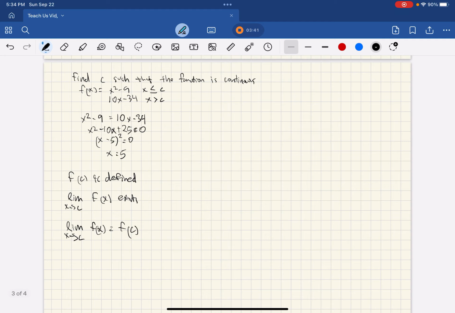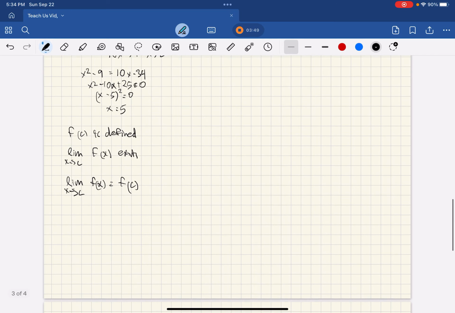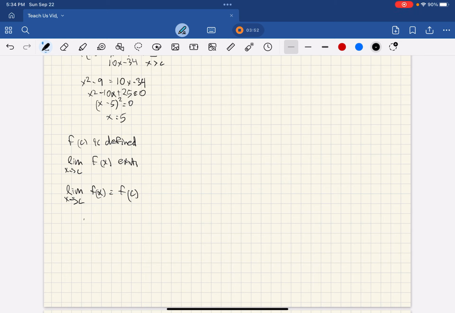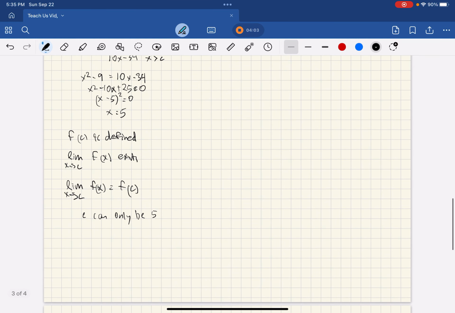So x equals 5, and we could also say that c can only be 5 where the piecewise function is continuous.